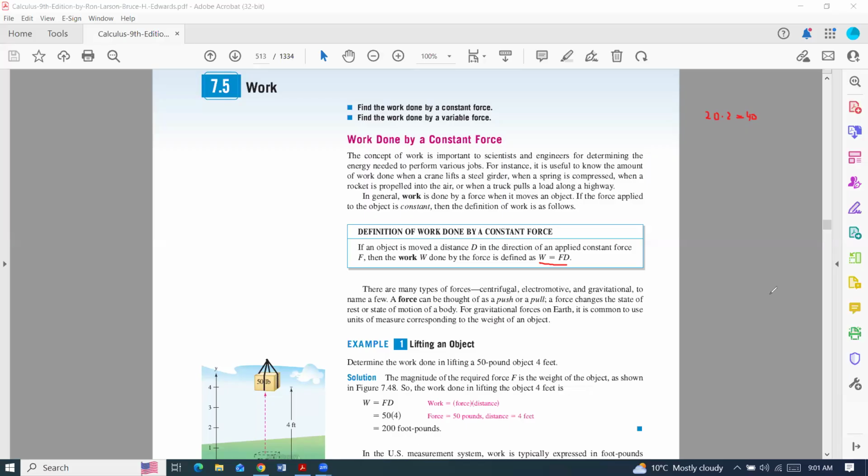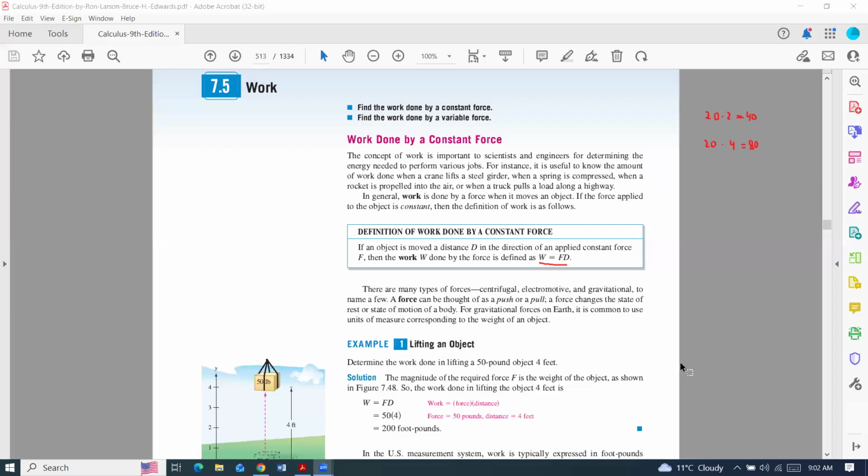But if instead of 2 feet, you move it twice farther, let's say 4 feet, that'd be twice more work, so that'd be 80 foot-pounds. So you make it twice farther, you do twice more work. I guess it's pretty intuitive, right?